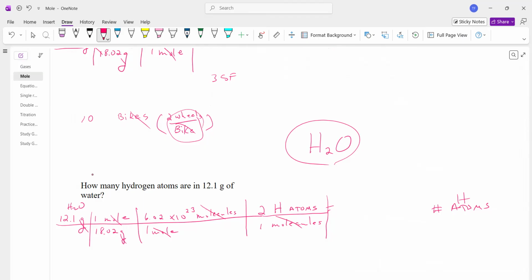Then we need to go from molecules to atoms, per 1 molecule of water, per 1 H2O.